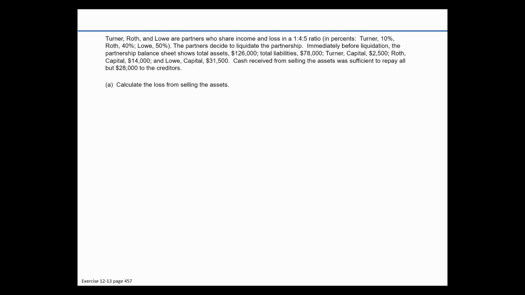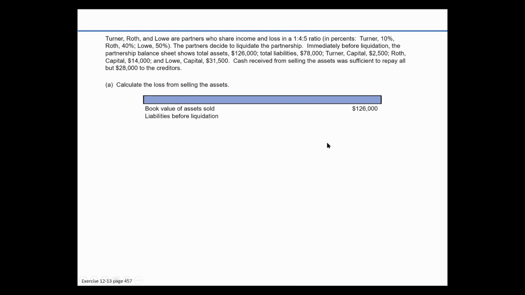So first of all, we will calculate the loss from selling the assets. The book value of the assets that were sold was $126,000. And then the liabilities before liquidation were $78,000. So that's what they had. After they paid their liabilities, they still owed $28,000.